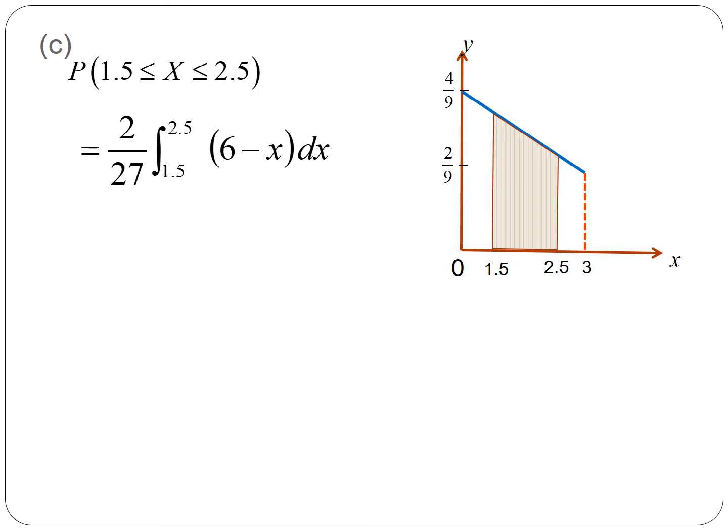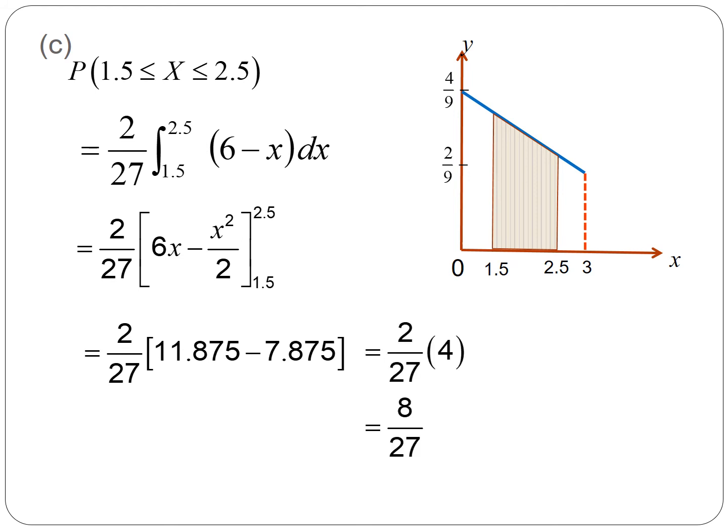So you integrate the function 2 over 27 times 6 minus x. Once you get the integral, you substitute the limits and simplify, so the value is 8 over 27. So the probability of x from 1.5 to 2.5 is 8 over 27.